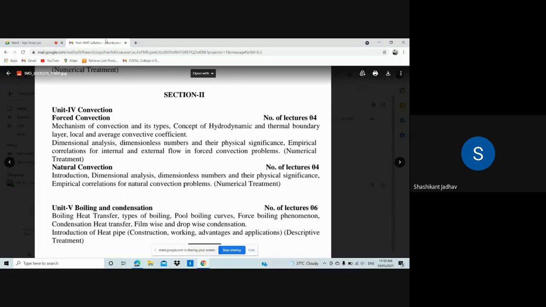Okay, so this is the syllabus related to forced convection.